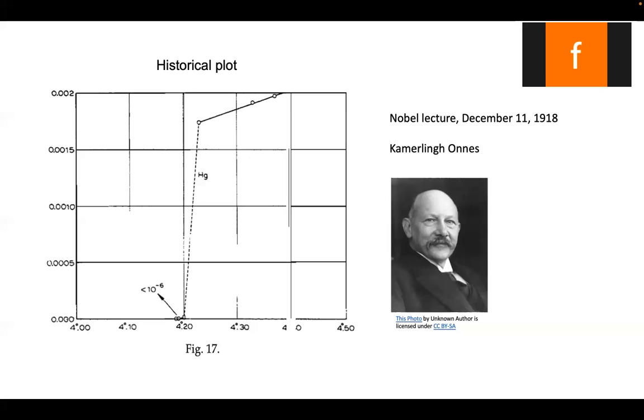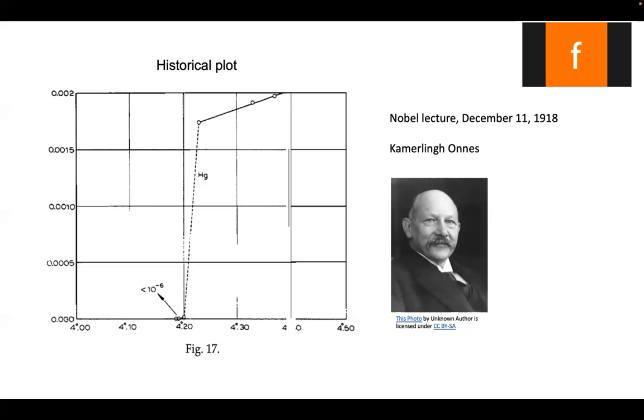Let's say this is the starting point of all the physics to do with superconductors. Later it was realized that there is a critical temperature, which for mercury is exactly 4.2 Kelvin.